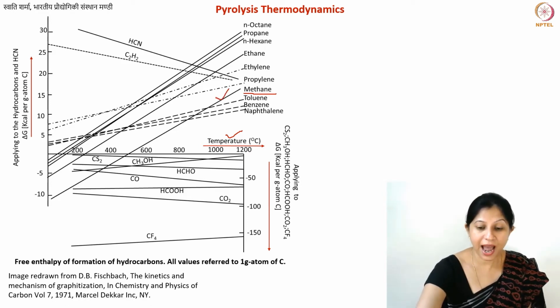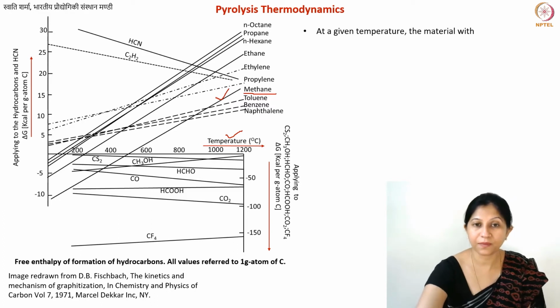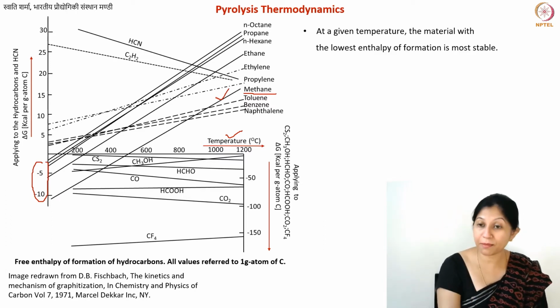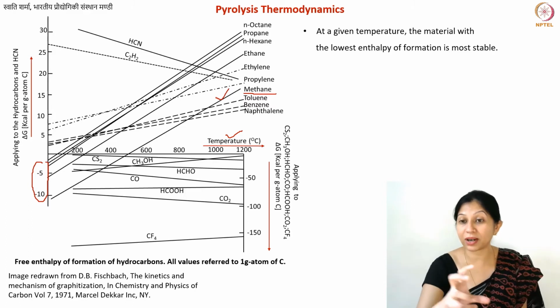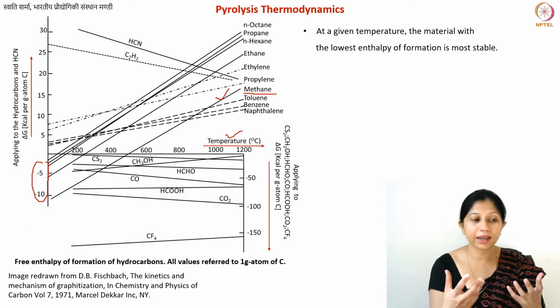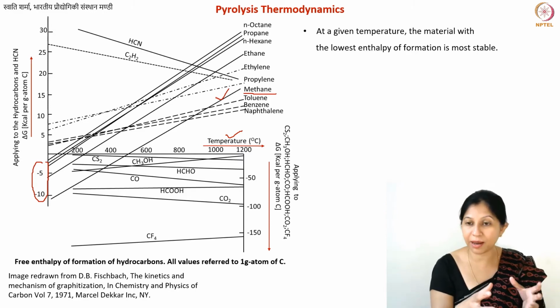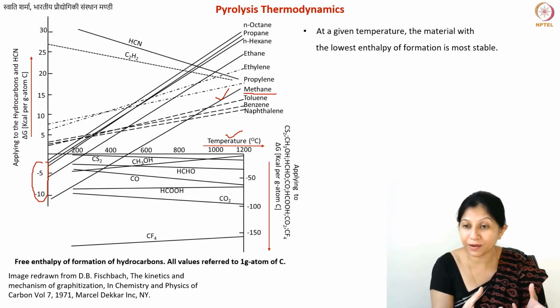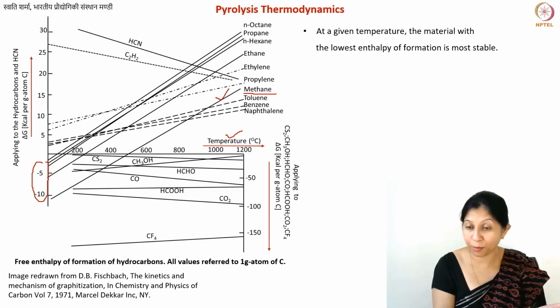At lower temperatures, the enthalpy of formation of methane is negative. We need to see at what temperature we are talking about, because during pyrolysis we are increasing the temperature of the process. For any given temperature, whatever is the most stable hydrocarbon at that temperature will have the highest probability of formation.